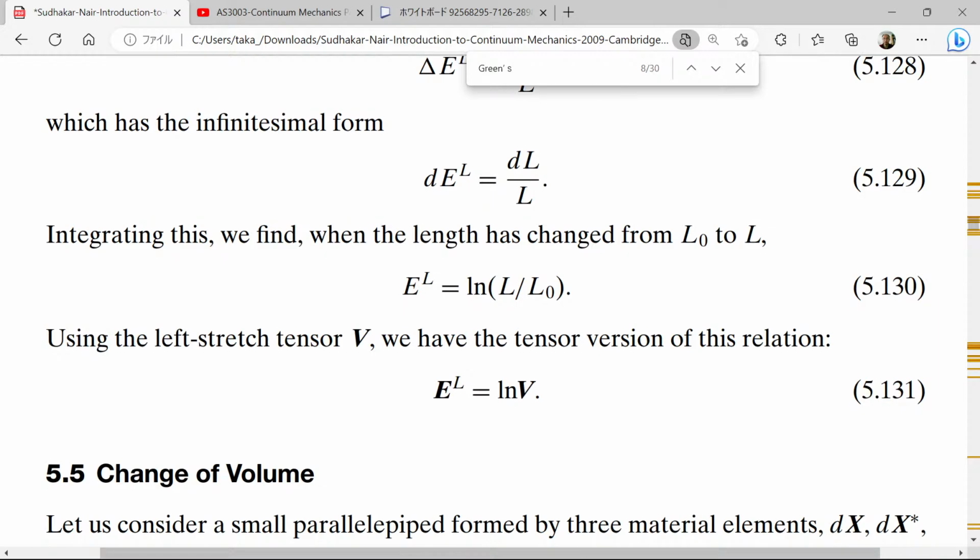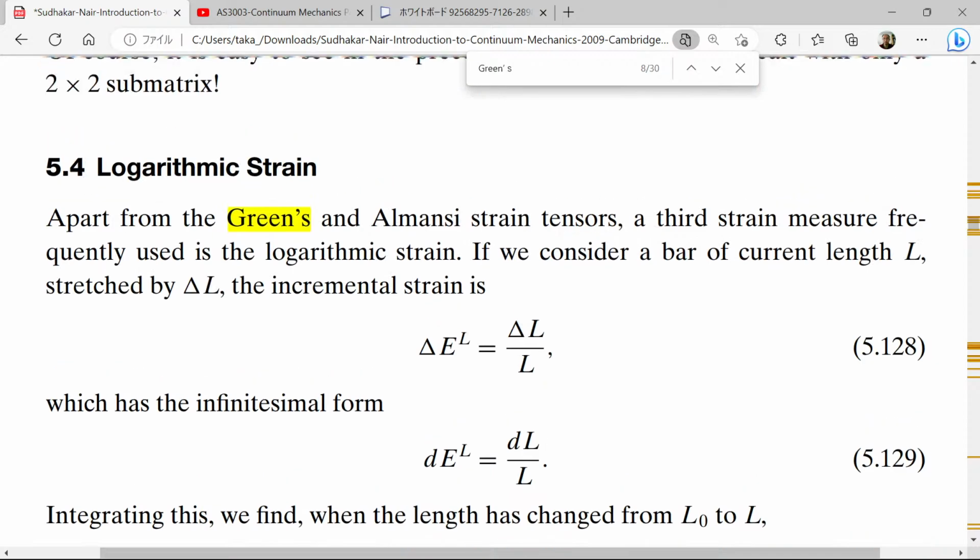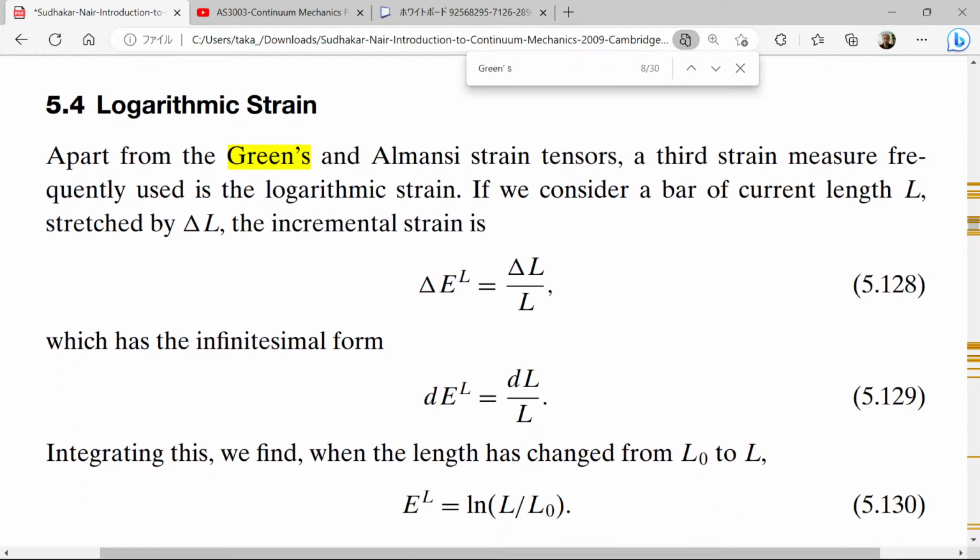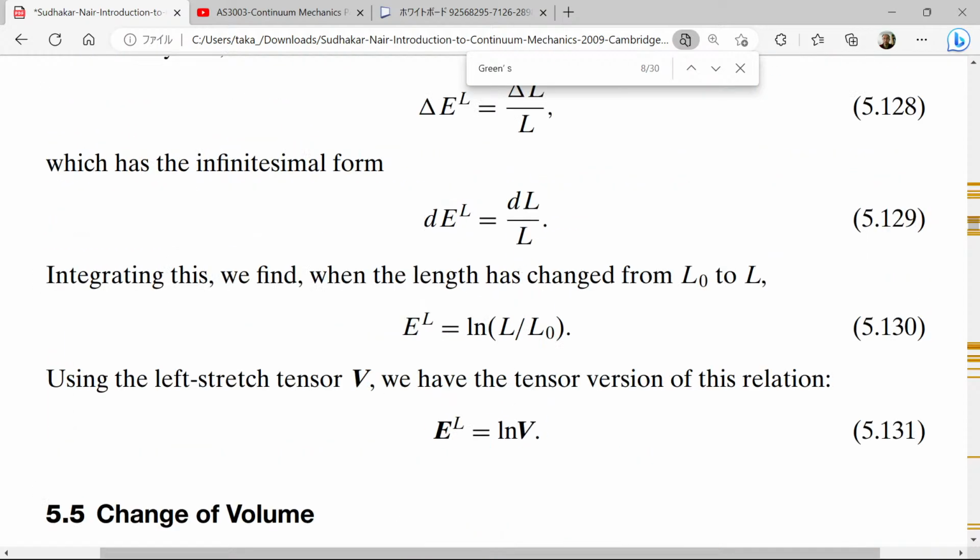Using the left stretch tensor V, we have the tensor version of this relation. Okay, let me skip this part.